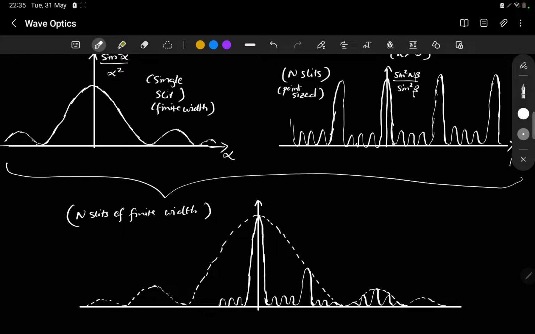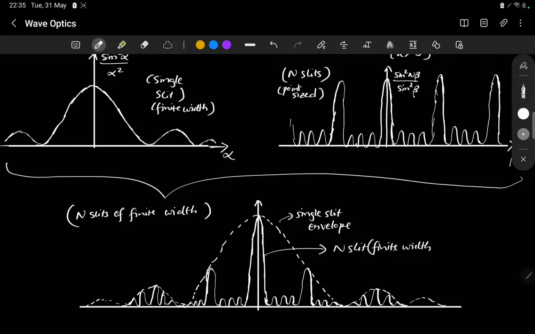So this is the n slits modulated with the single slit envelope. Right, so this is the single slit envelope, and this is the actual n slit finite width pattern, which is essentially equal to the grating pattern.